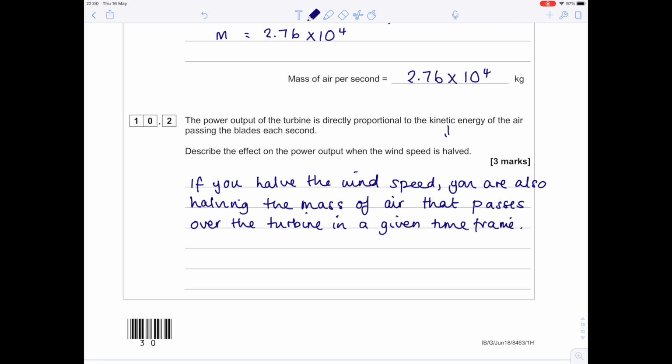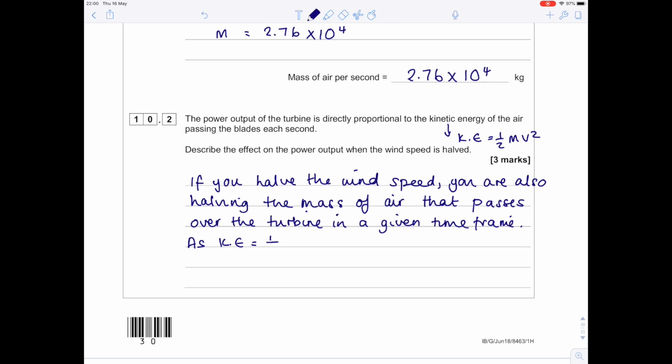Now consider which equation we're looking at. So kinetic energy is half mv squared. So as kinetic energy equals half mv squared, if we halve the speed and therefore halve the mass, then we reduce that kinetic energy by a factor of 2.